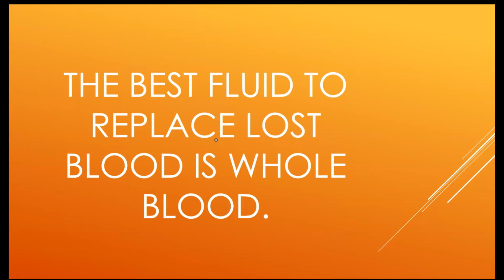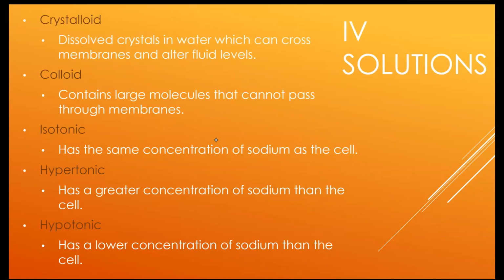Only thing that can replace blood is blood, okay? We can kind of bolster people up with saline in the meantime, but ultimately they are going to need blood. Different things that we use, most of the time we're here in the crystalloid department, right? So it's dissolved salt crystals usually in water that can change the fluid levels. Colloids are large molecules, usually albumin, okay? That's a hospital thing. We use isotonic crystalloids, right?